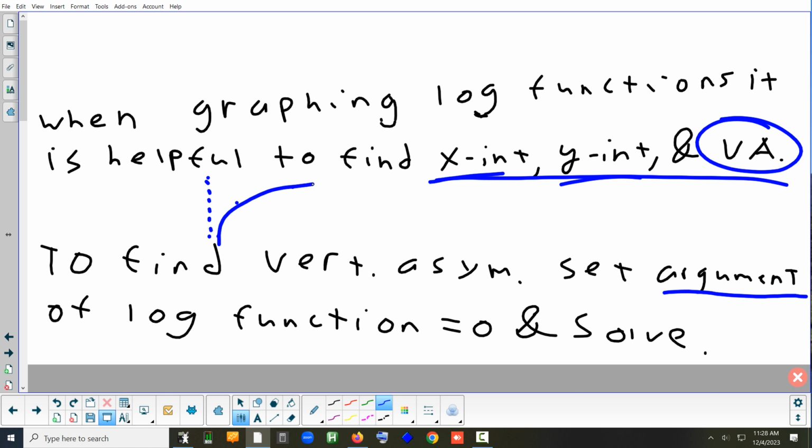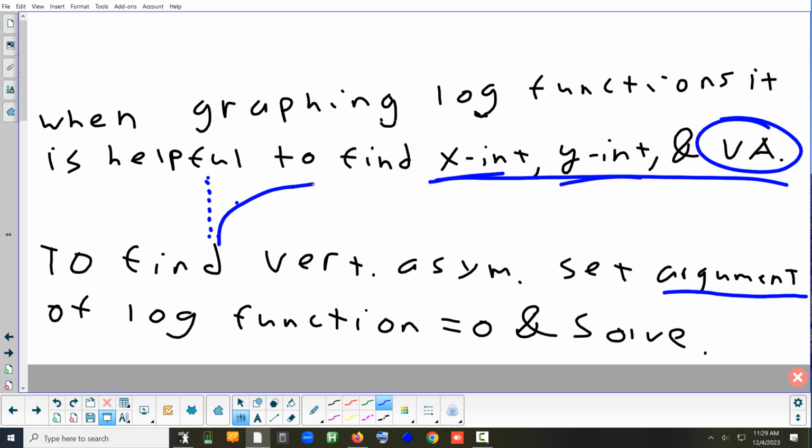Now remember, when we draw a log, how many directions do log functions go from the asymptote? Do they go in one direction or in both directions? In terms of the way it's going to curve, like the domain, it's only going to go in one direction.